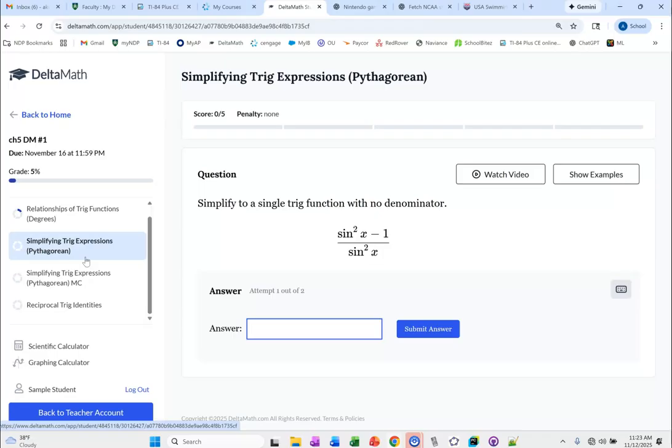Simplify to a single trig function with no denominator. Ooh, tricky. What do you guys see? You see anything algebraic to do?